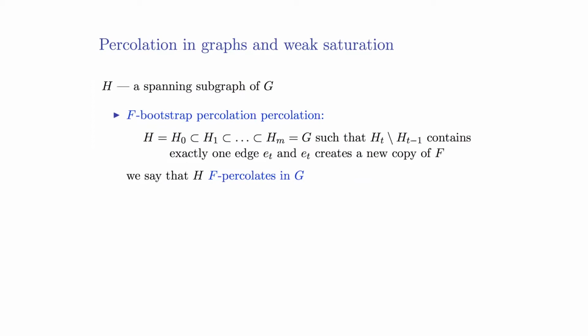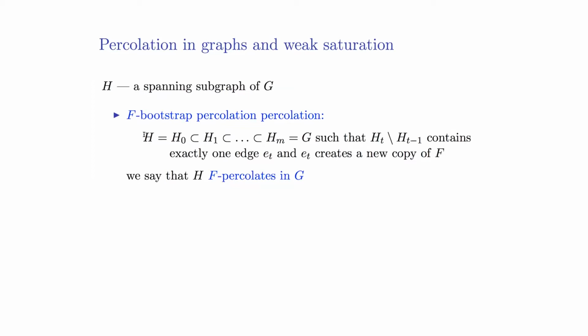And consider the following graph process. We consider a sequence of spanning subgraphs of G such that every next graph contains the previous one. Here I denote them by H0, H1, H2, and so on.